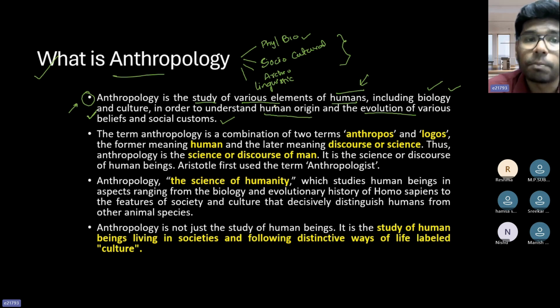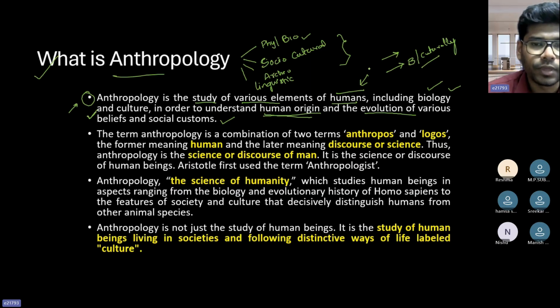What is the purpose of anthropology? To understand the human origin, how humans have come into existence, and how they have evolved, both biologically as well as culturally. This is what we are going to study in anthropology, right?